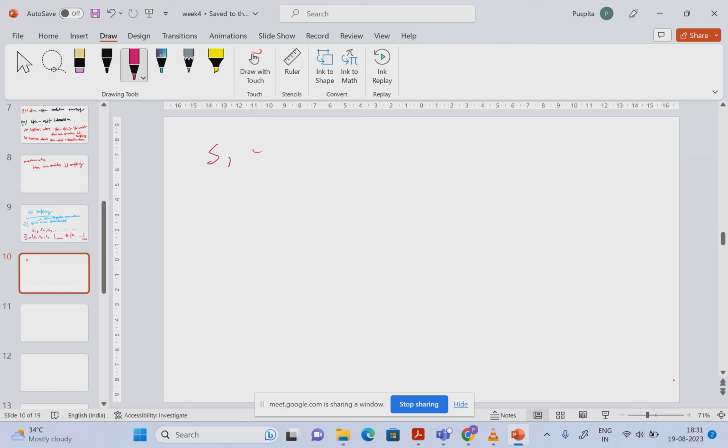For two electrons in the last orbital, S1 and S2, minimum will be S1 minus S2 and maximum will be S1 plus S2. So any value between S1 minus S2 to S1 plus S2 will be the capital S.